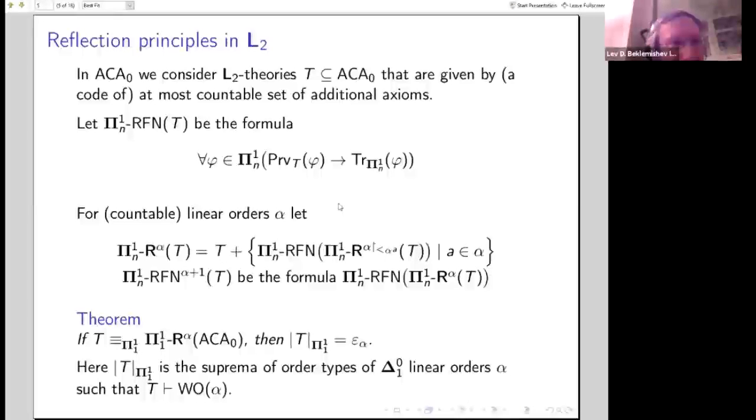Now, there are several questions one can ask here. For example, the first one is this idea of the proof-theoretic delator. Right. I see.